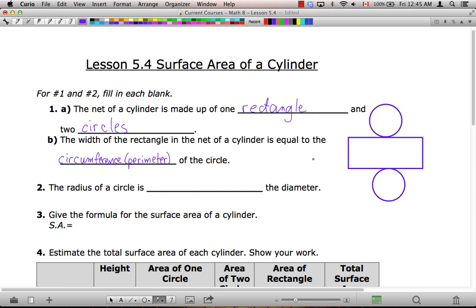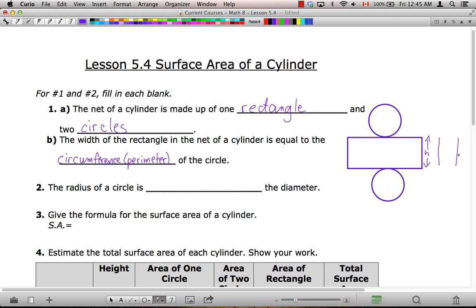And so when you're looking at this, we have the height of the cylinder here. So originally the cylinder would have looked like this. Something like this.